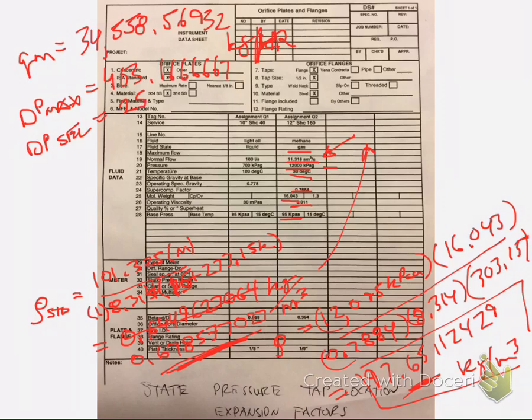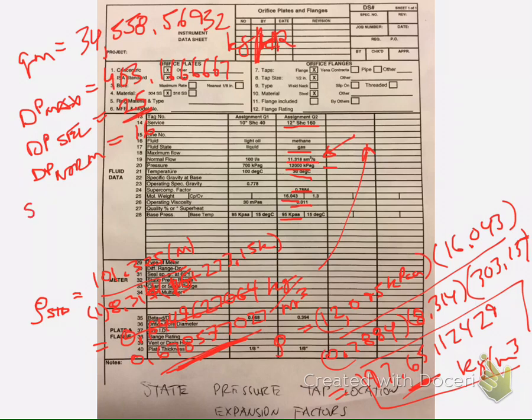And then my piping, it's 12 inch this time around. So 12 times 25.4. And I get a dP normal. And this will always be dependent on the dP selected. dP norm equals 16.